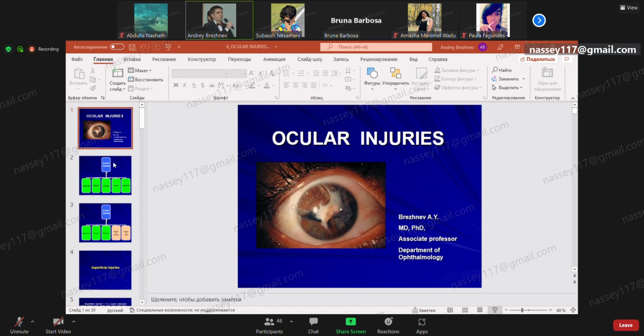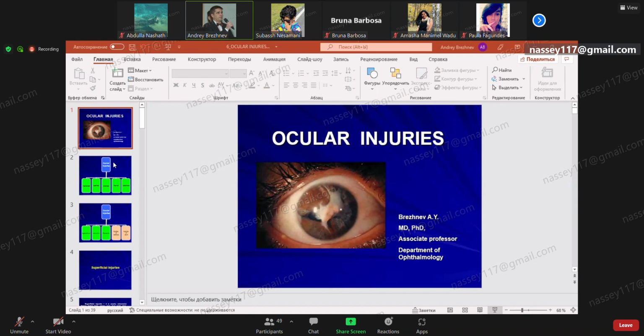The usual foreign bodies are particles of iron, emery, and coal. In agricultural workers, these are wings of insects or parts of dust or parts of vegetables and so on.